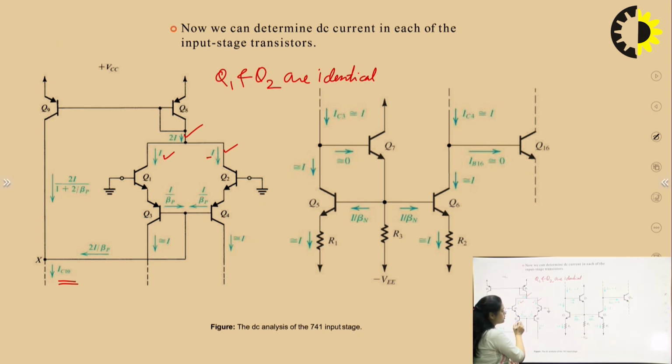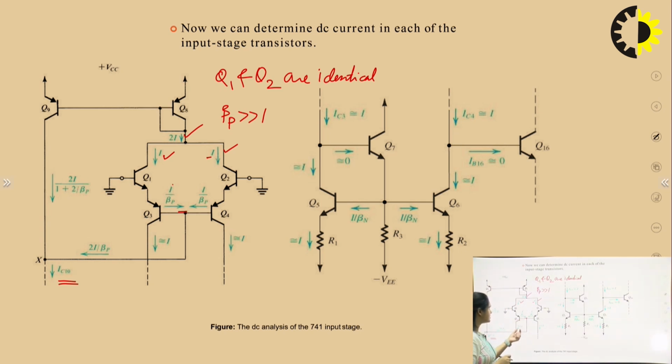Now let's see, this current is flowing in the Q1 transistor and moving towards Q3, and the base current of Q3 equals I upon beta P, where beta P is the current gain of the P type transistor, because Q3 is a PNP transistor, and definitely this beta P is very much greater than 1. So we can neglect this base current.